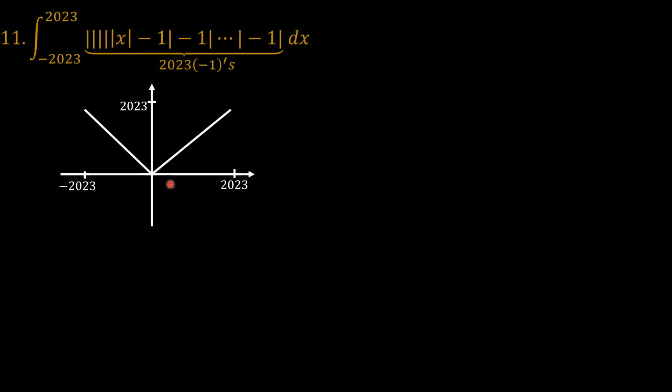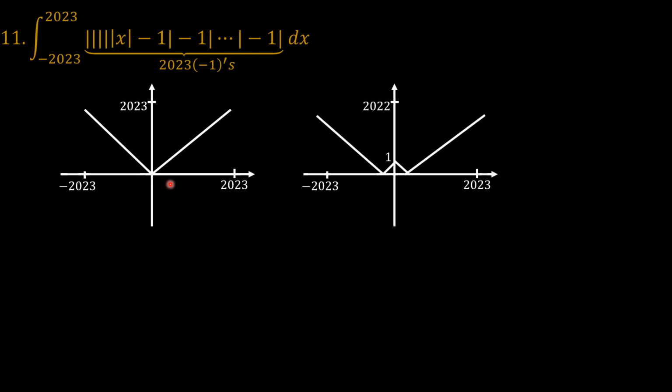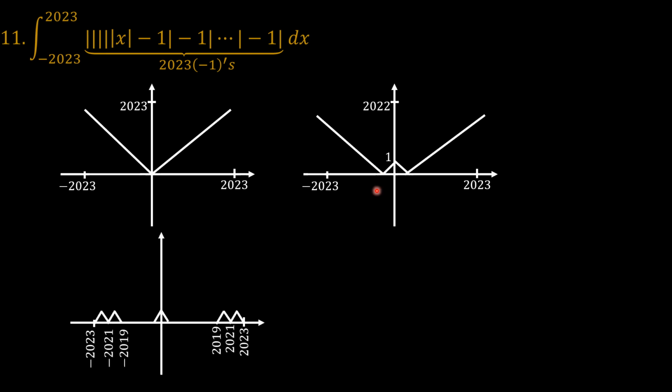Now when we subtract 1, then the 0 value there shifts to negative 1, but the absolute value now becomes positive 1. And what used to be 1 now shifts to 0. So this process, when you continue, you end up having these triangles, because as soon as each value hits 0 and then you subtract the next negative 1, it oscillates back to positive 1.